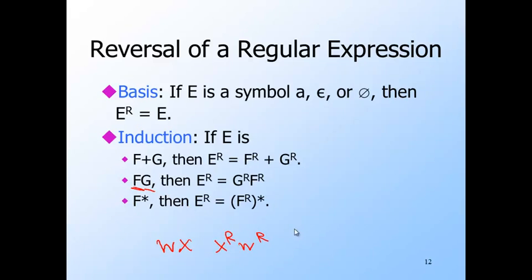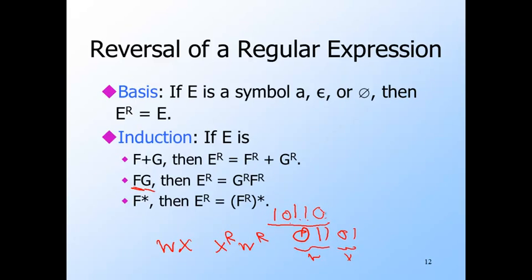For example, if w is 011 and x is 01, then w reversed is 110, and x reversed is 10, but the x has to come first, so the reverse of 01101 is in fact 10110.